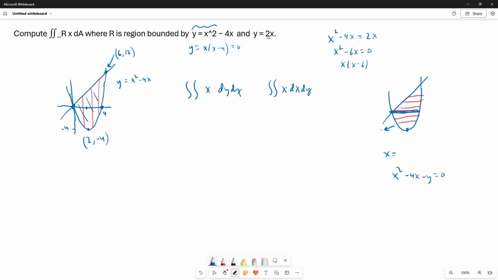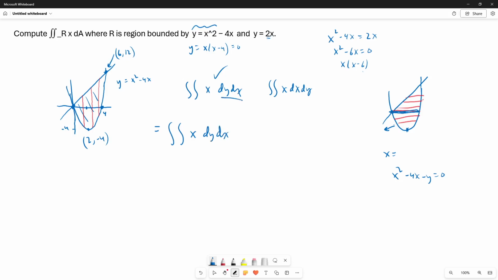But that's a bit of work, and if we don't have to compute both integrals, then we will simply at this point choose the first one, because these vertical slices are very nice. And so let's proceed with that. dy dx. So this is a double integral of x dy dx.